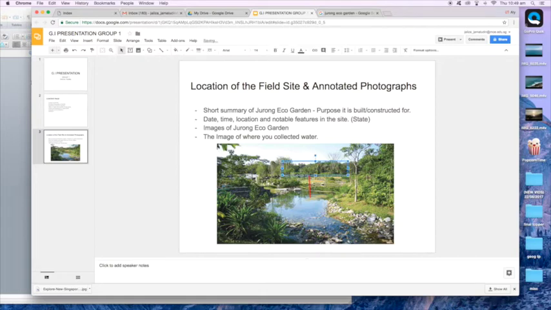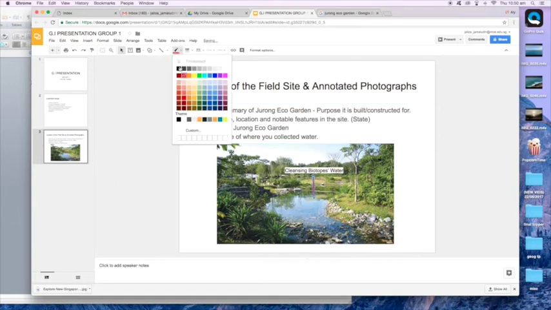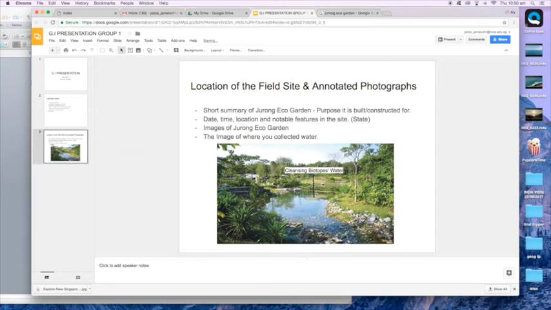For example, cleansing biotope water. Oops, can't see the words. In this case you can't see the text, so you put it in red. I think red will be clear. So, cleansing biotope water.